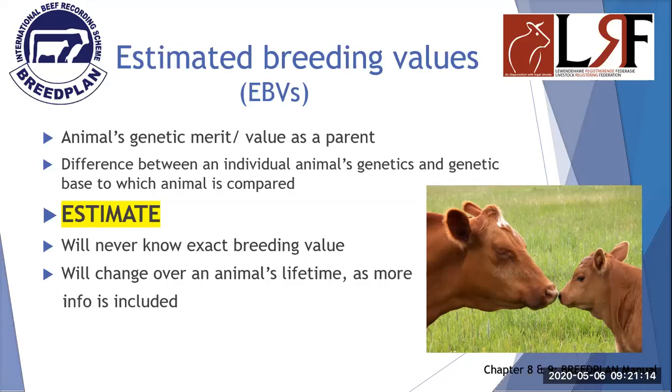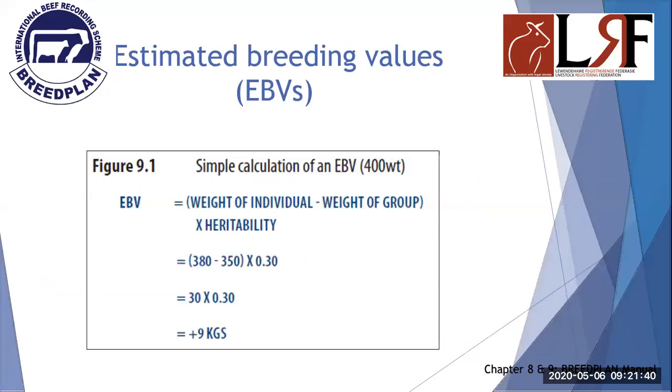So, for example, if you have a calf and it receives its first EBV in an EBV run, that EBV will change as the animal receives his own measurement for the specific trait, and as he has some progeny and they are also measured for the specific trait.